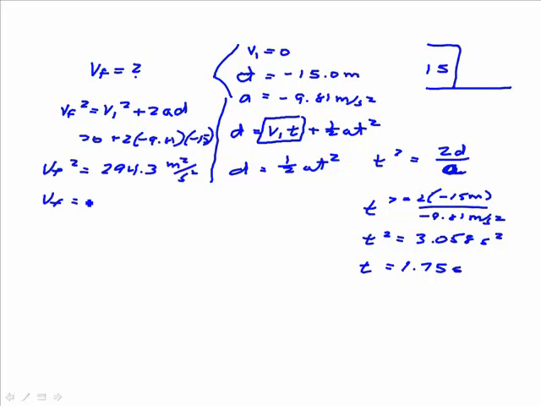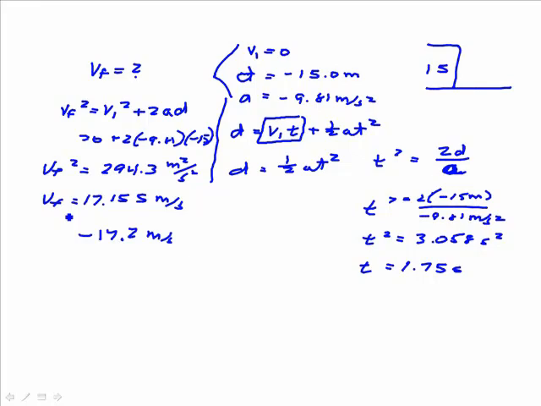Square root of that is 17.155 meters per second. And of course, logically, we know that it's down, so our solution should be negative 17.2 meters per second, or 17.2 meters per second down.